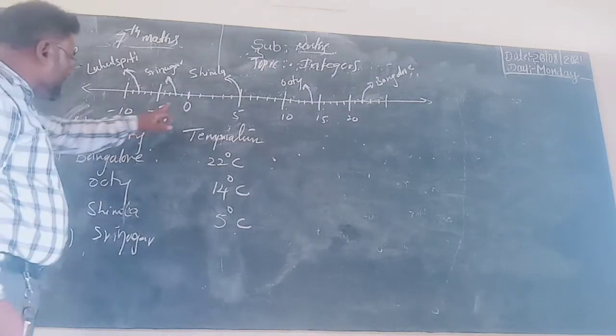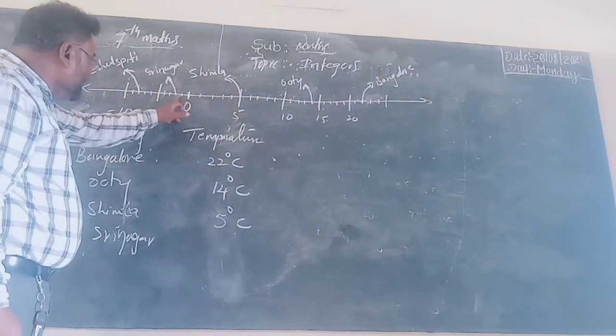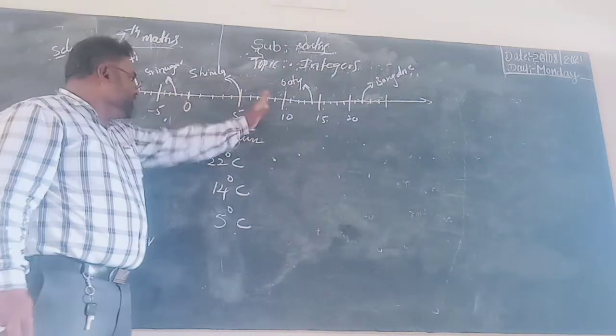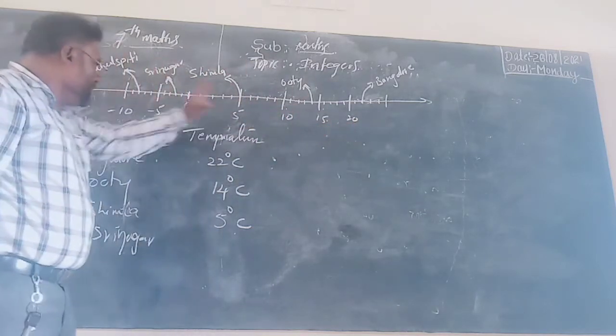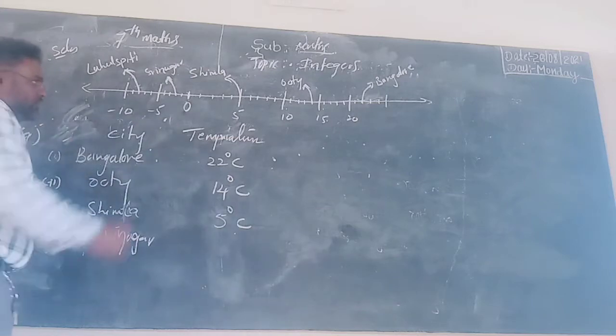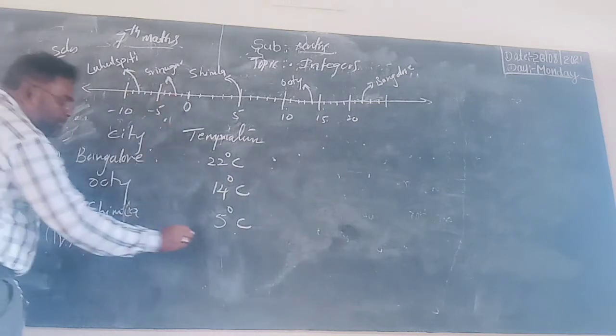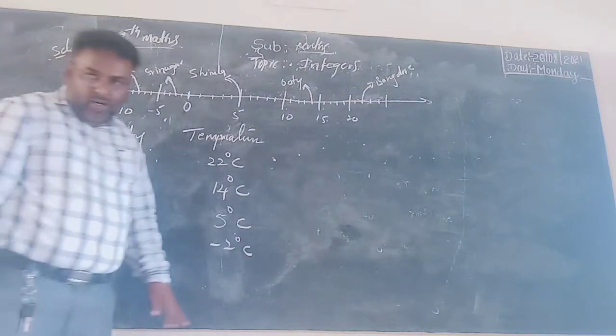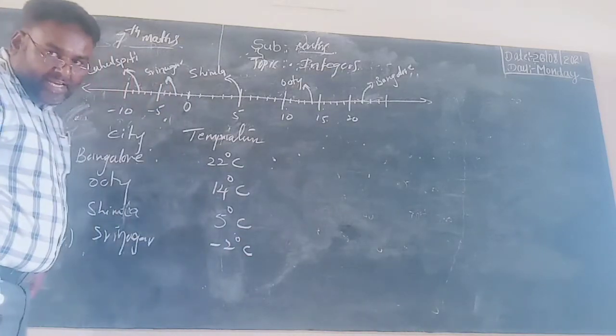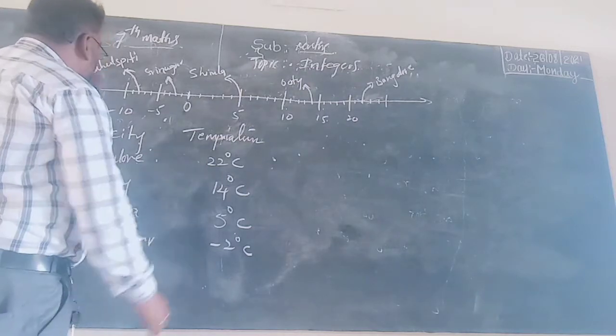Srinagar's temperature is 0, 1, 2. To the right of 0 is positive, to the left of 0 is negative. So 1, 2, that is minus 2 degrees centigrade.